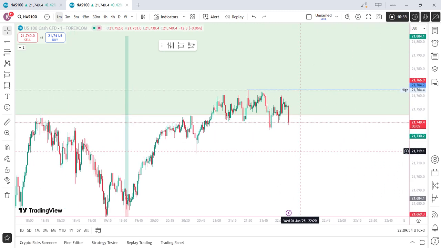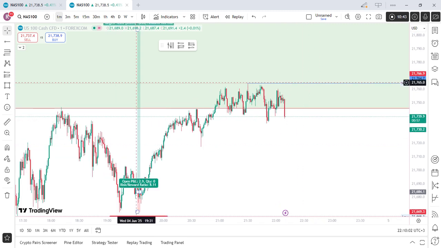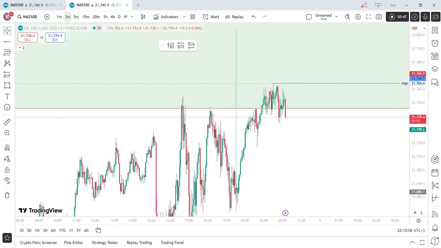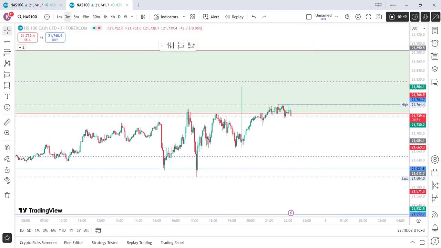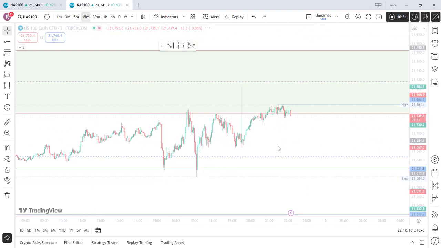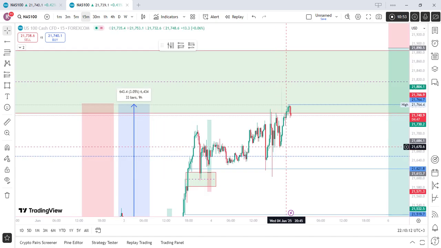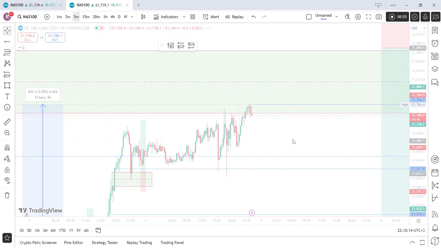Another very important liquidity pool is the consolidation zones. Meaning that when price, for example today, there's a lot of consolidation. Let me use 5 minutes.